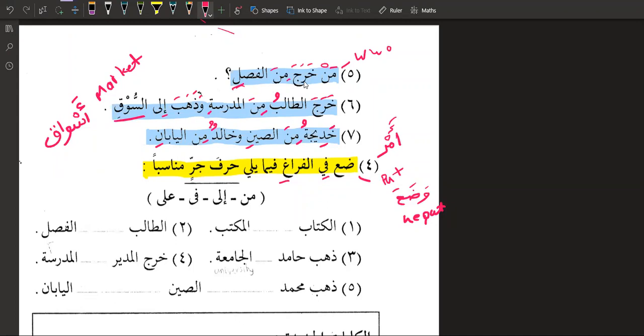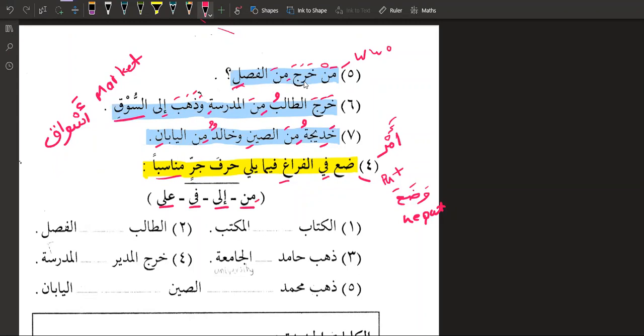فيما يلي, see the في here again, means in that which follows. حرف جر: as we mentioned, these are the حروف الجر, prepositions. مناسبا means suitable. So: put in the blank spaces which follow a suitable preposition.